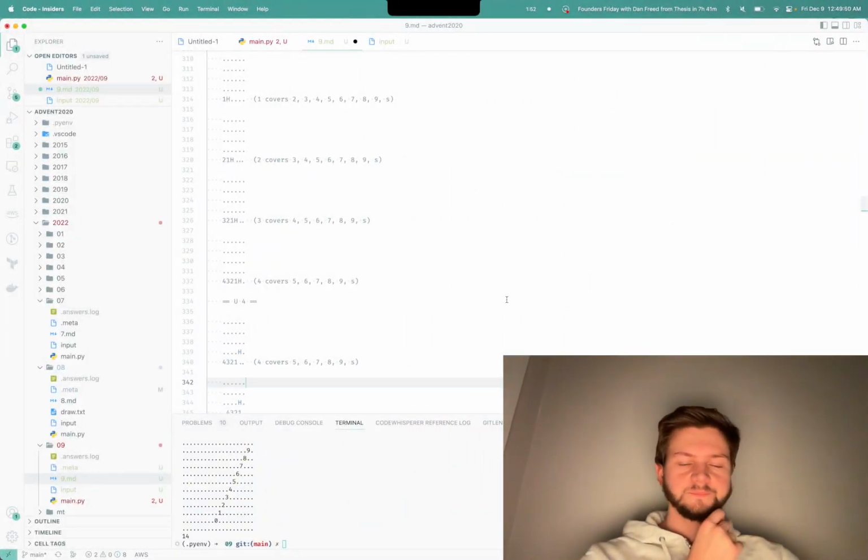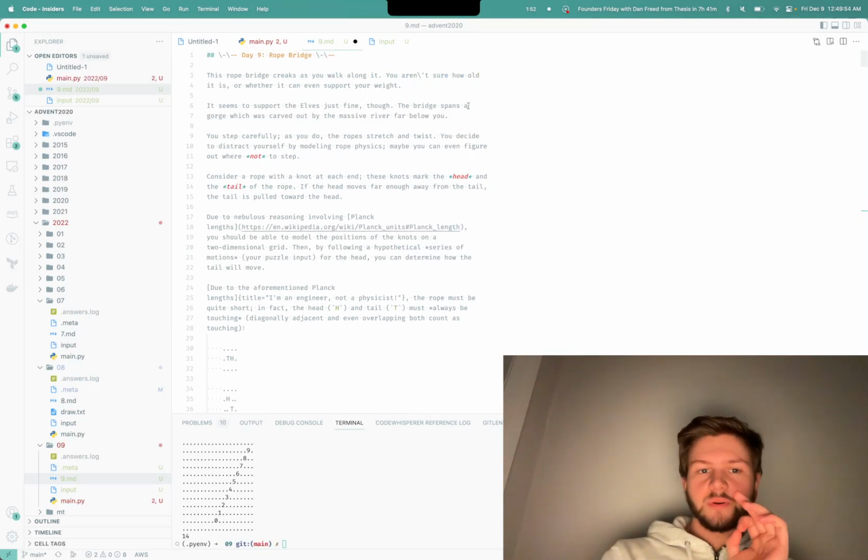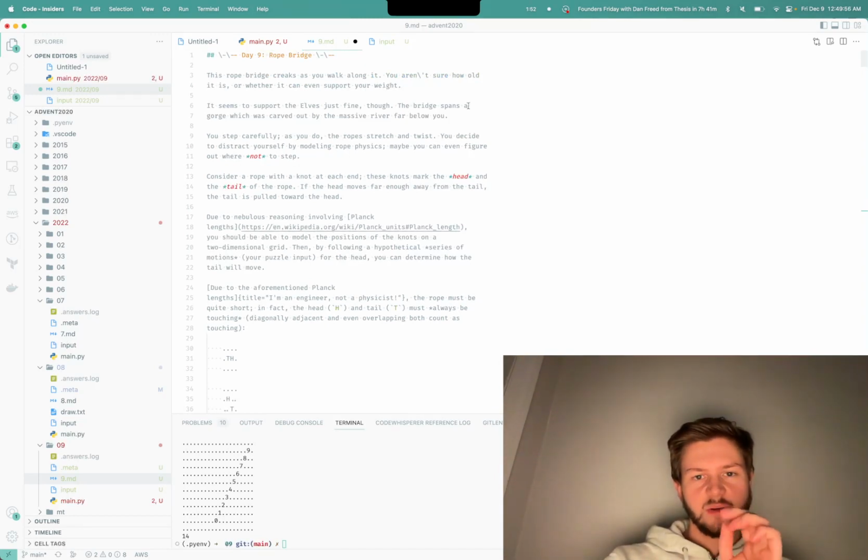I think I need to read the rules. This rope creaks as you walk along it. Aren't sure how old it is. Blah, blah, blah, blah. As you do, the rope stretches and twists. You decide to distract yourself by modeling rope physics. Maybe you can even figure out where not to step. Consider a rope with a knot at each end. These knots are marked the head and the tail.